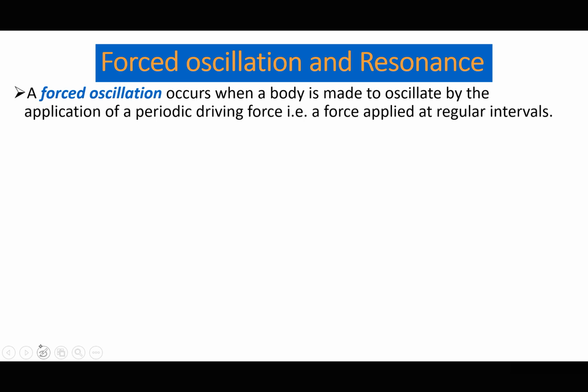A forced oscillation occurs when a body is made to oscillate by application of a periodic driving force. This force is applied at specific regular intervals, as we demonstrated with a swing.